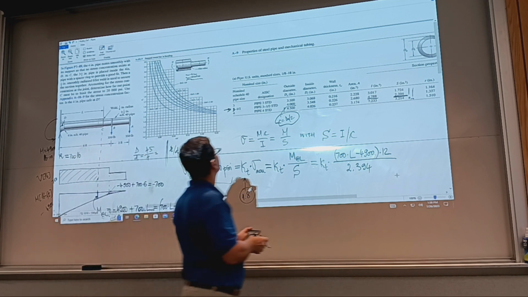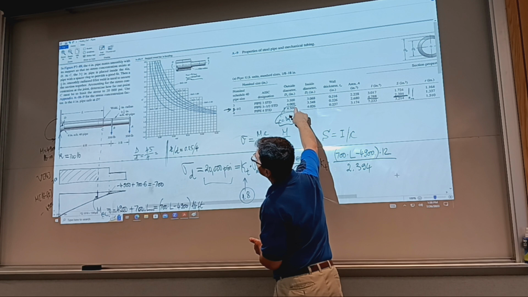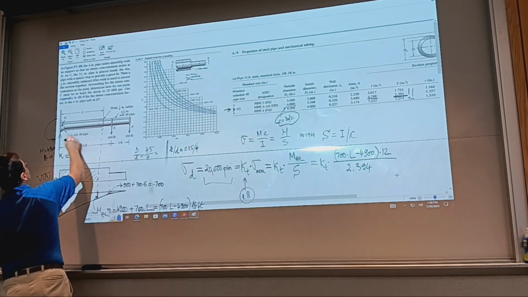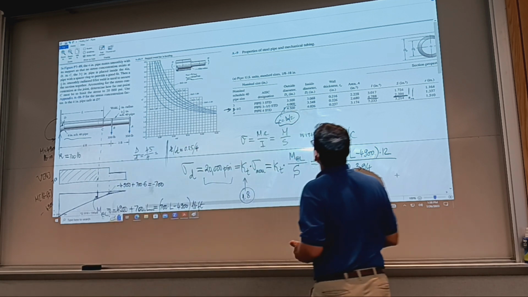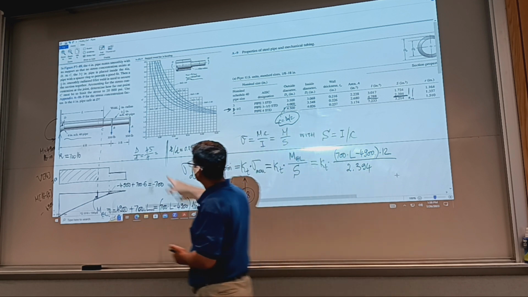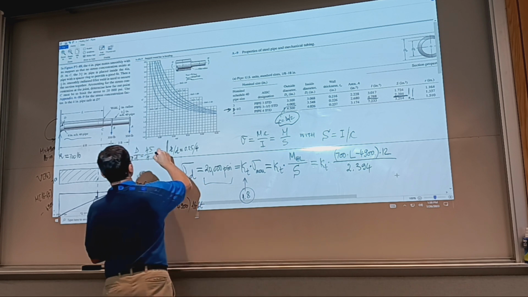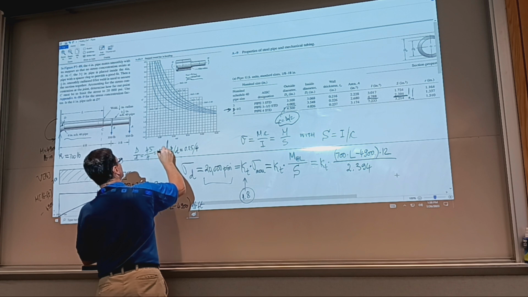So, am I right? I have here for the 4-inch schedule 40 pipe, the outer diameter is 4.5. Yeah, so 4.5 over, and this is 1.125.